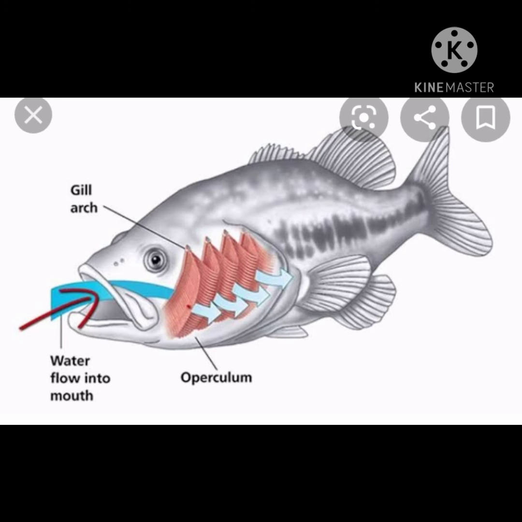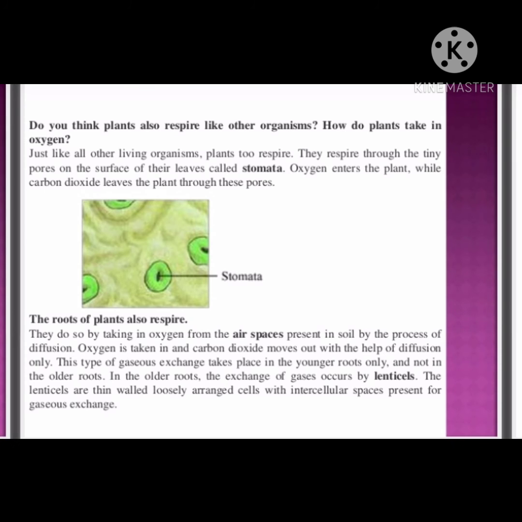Then what about the plants? From lower classes onwards, we have heard that there are small openings throughout the leaves of plants. They are called stomata. Through the stomata, the exchange of gases happens in plants. In a big tree, respiration through the stomata of the leaves is not enough to fulfill the oxygen demand of the entire plant.